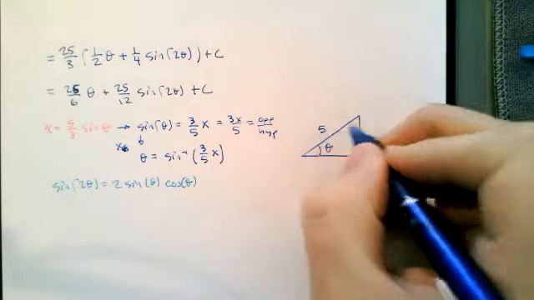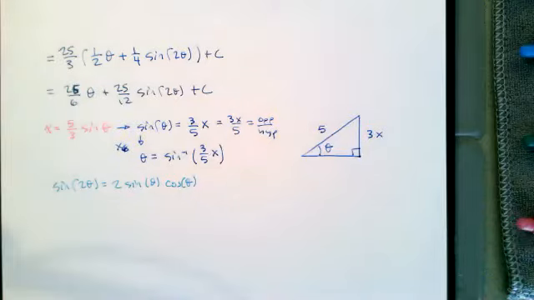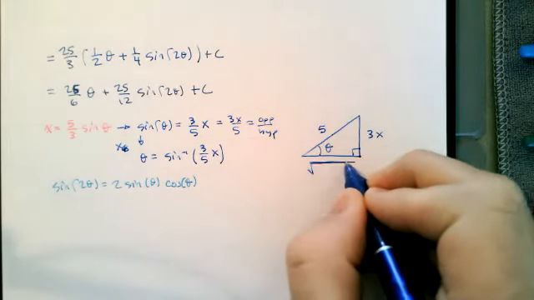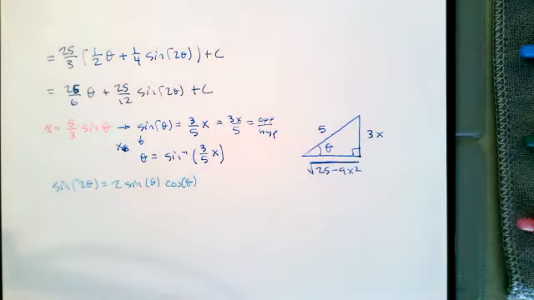Then I can solve for the adjacent side, which is, unsurprisingly, the thing that led us into trigonometric substitution in the first place. Using the Pythagorean theorem, if 3x is opposite and 5 is hypotenuse, then the adjacent side is the square root of 25 minus 9x squared.